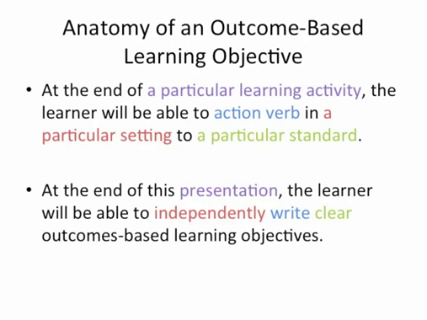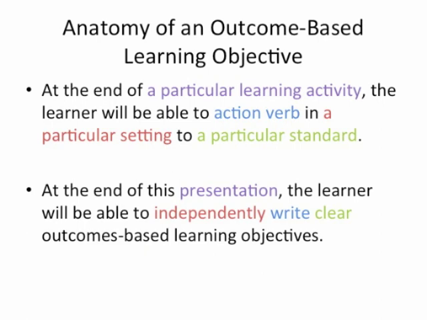So here's what an outcome-based learning objective would look like. A good, solid outcome-based learning objective. You would focus on a particular learning activity, so that at the end of a lecture, at the end of a lab experience, at the end of whatever your activity might be, the learner will be able to do something, and these action verbs are going to become an important thing to think about when we're writing learning objectives.